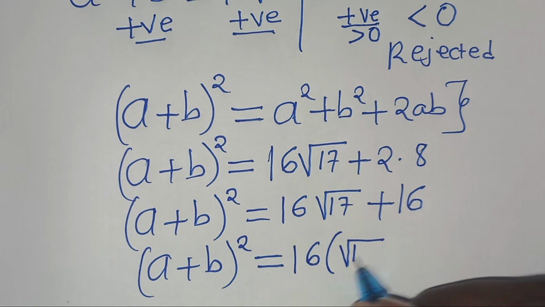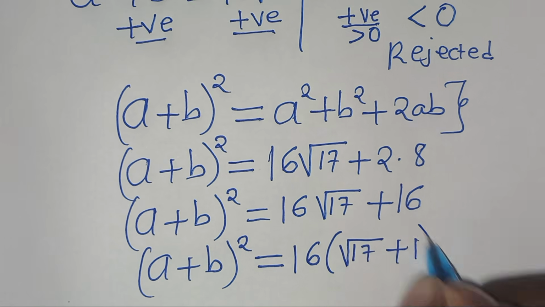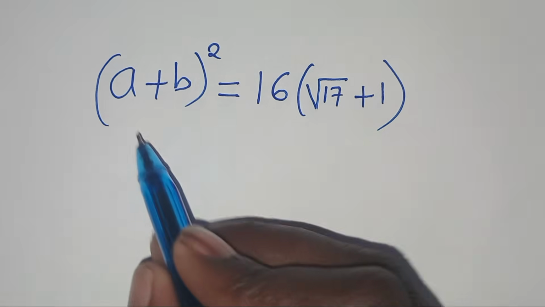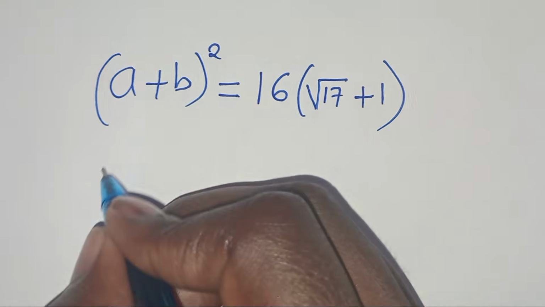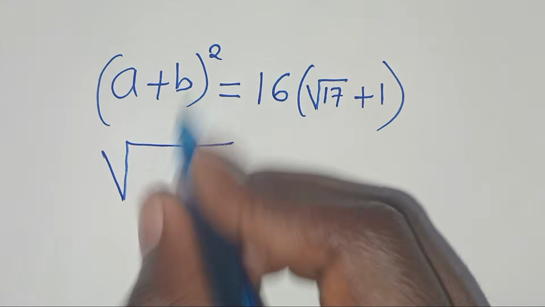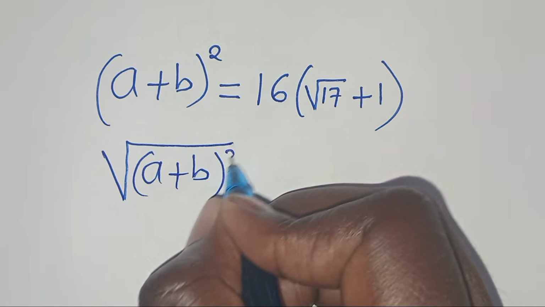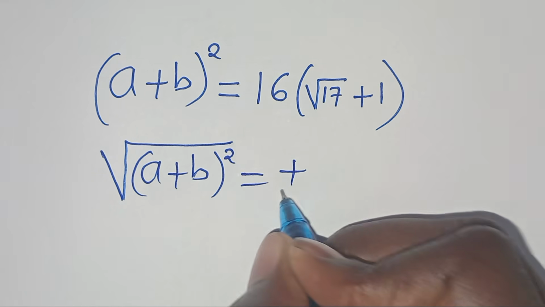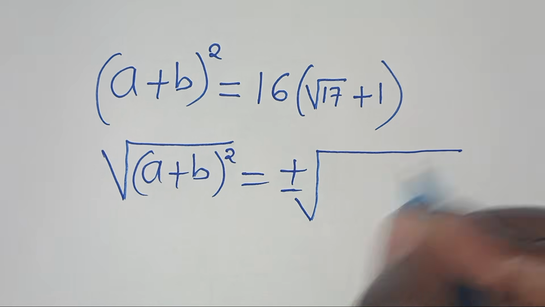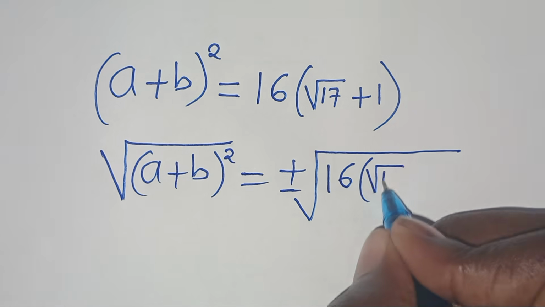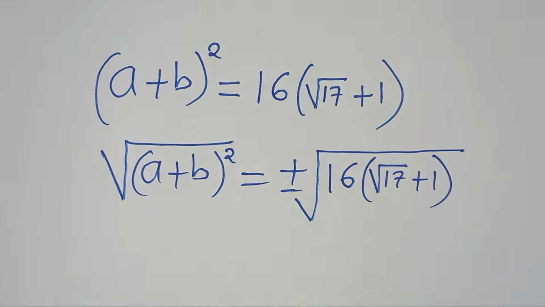This is the square root of 17 plus 1. Now to solve for the value of a plus b in this case, let's introduce the square root on both sides. So we have the square root of a plus b to the power of 2. This is equal to plus or minus the square root of 16 into the parentheses. This is the square root of 17 plus 1.